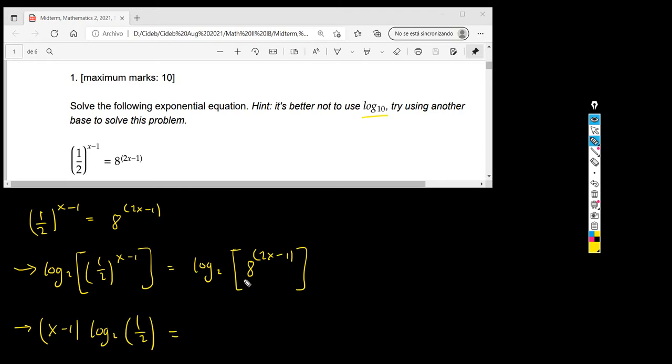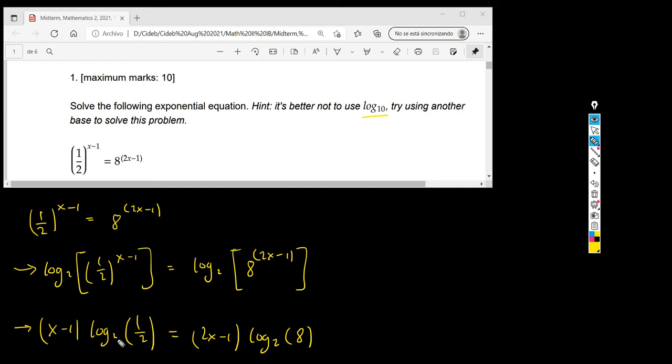And I'm going to do the same over here. I can lower this exponent like so. There you go.